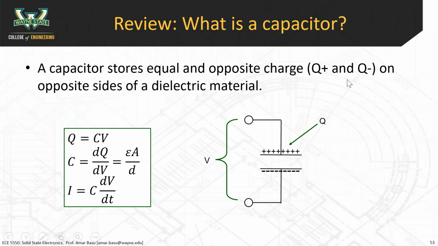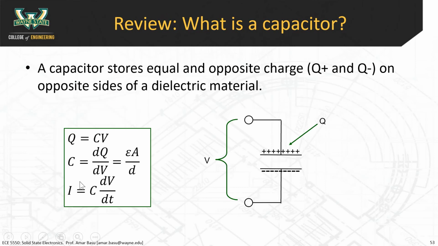So Q positive appears on the top plate and Q negative appears on the bottom plate. Just like a PN junction, where we said the positive and negative charges have to be equal to each other, the basic capacitor theory is that the net number of positive charges has to equal the net number of negative charges.